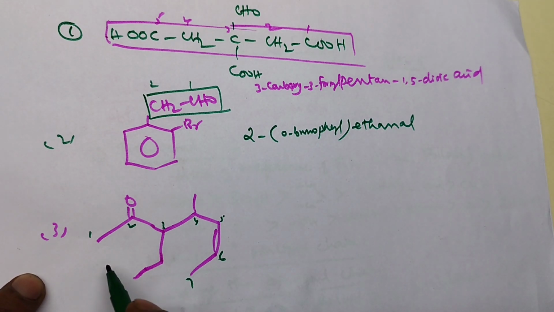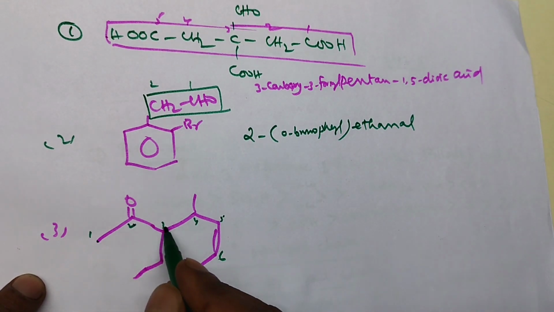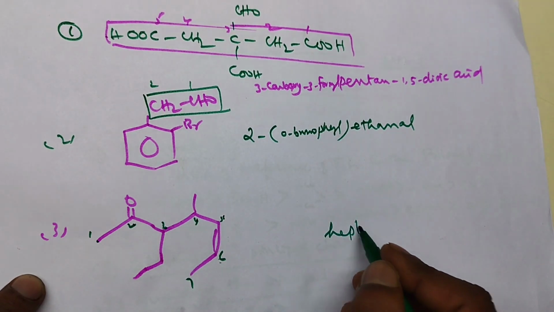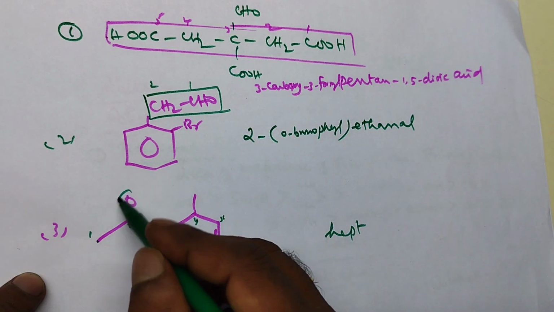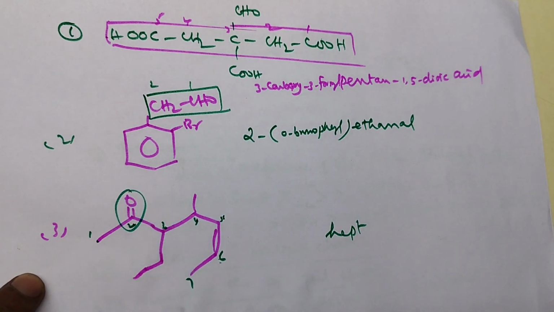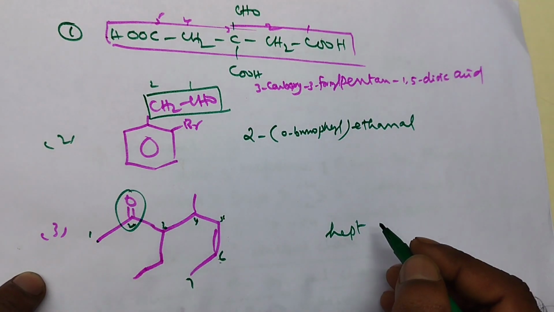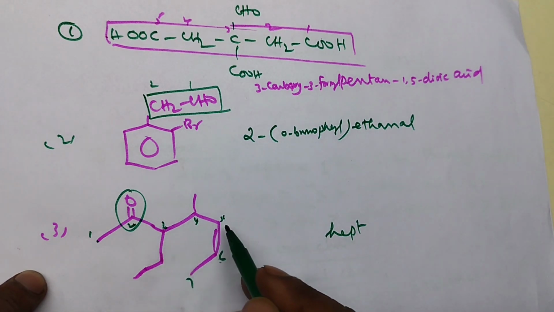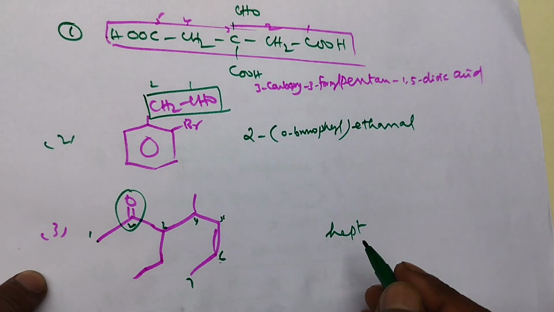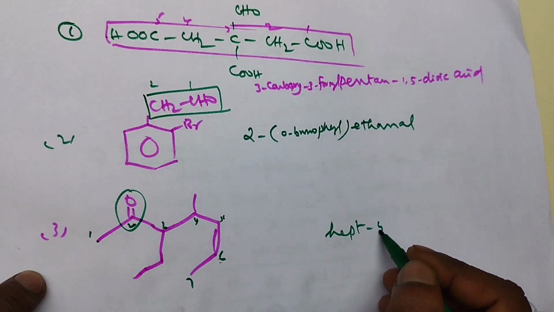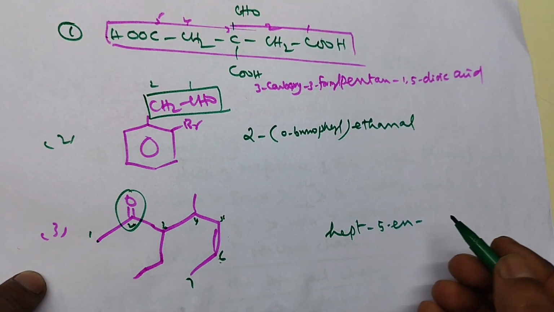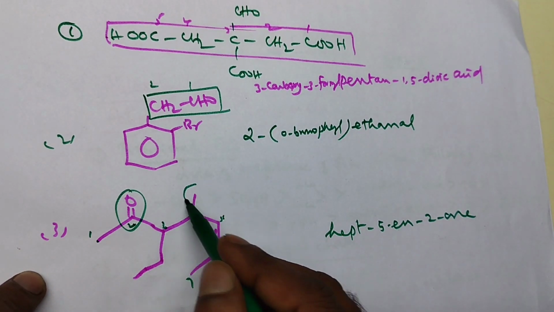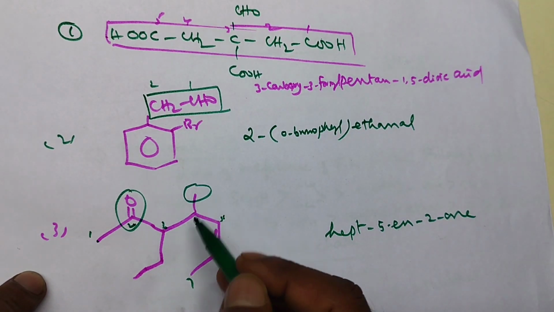For the third one, select 1, 2, 3, 4, 5, 6, 7. Seven is the parent name, hept. The principal functional group is a ketone at the second position, and the double bond is at position 5, so hept-5-en-2-one. The substituents are methyl at the fourth position and ethyl at the third position.